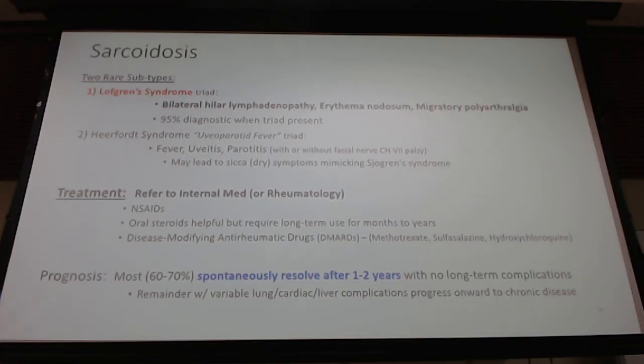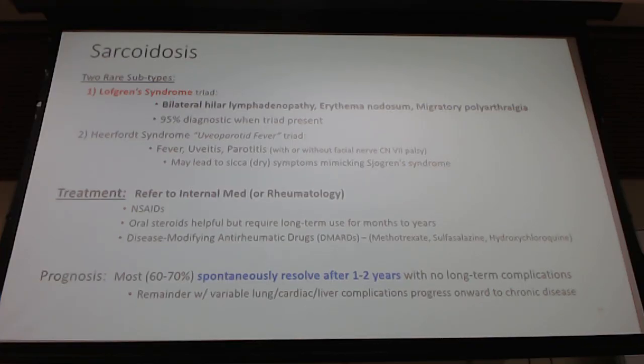So just based off of a chest x-ray, a physical exam, and symptoms, that has a 95% specificity for Lofgren's. So when you get ready to take my test, those are your last little tidbits that you're going to shove in your brain.